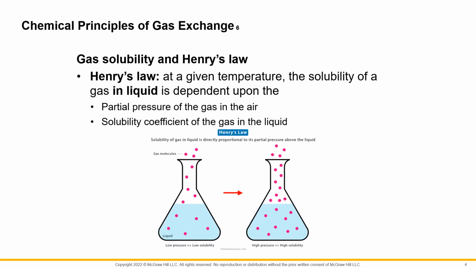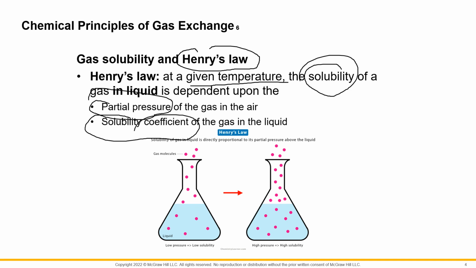So basically, what Henry's law states is that at any given temperature, how soluble a gas is depends on its partial pressure and the solubility coefficient. Let's look at this diagram here. Here are 2 flasks with a certain amount of liquid. Solubility refers to the ability of a gas to dissolve or mix into this liquid.